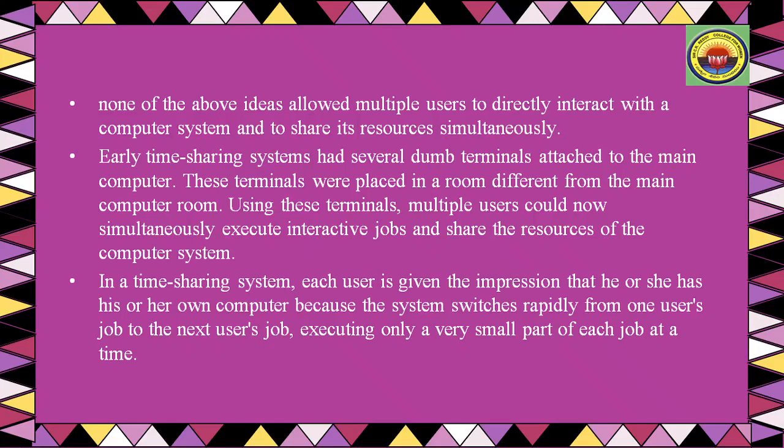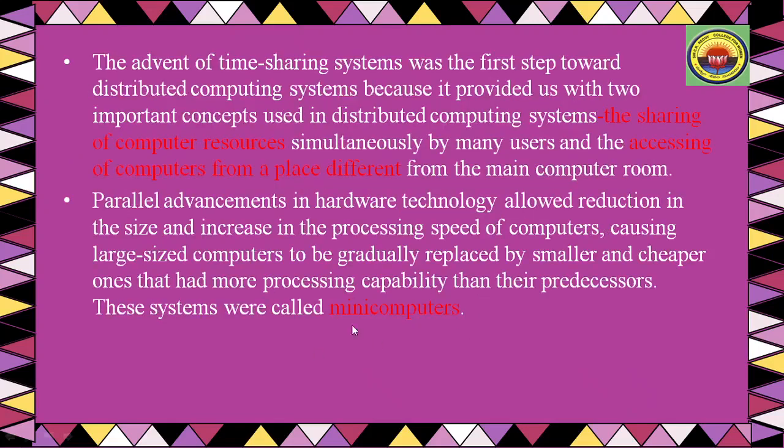It executes only a part of each job at a point of time, but it creates an illusion to everyone that his or her own job is executing. So, with the advent of time sharing systems, it has moved a step towards distributed computing systems, because in time sharing systems we have two concepts: the sharing of computer resources and the accessing of computers from a different place.